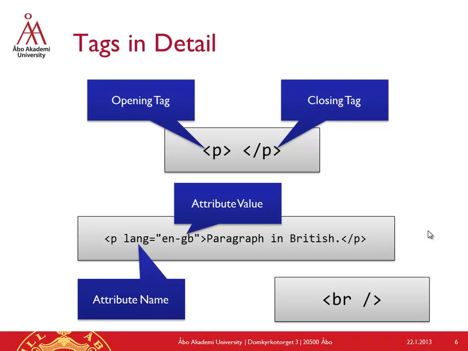Also, elements inside of text can contain attributes, which are composed of an attribute name and an attribute value. For example, in this picture, this attribute provides some additional knowledge about this particular paragraph, and it says that the language of this paragraph is English, specifically Great Britain. That's why it's GB. But sometimes you can even say that this version of English is British.